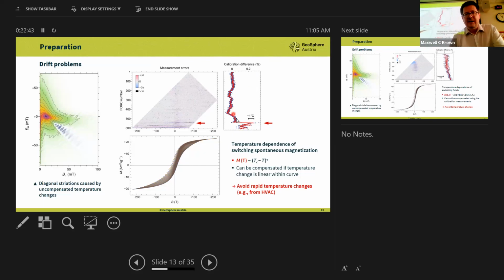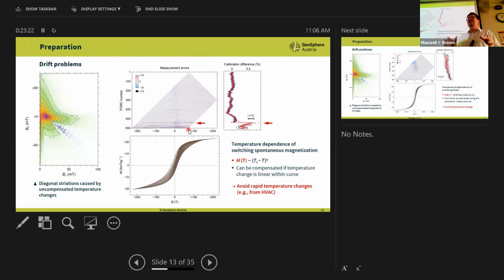And you see with the calibration measurements that suddenly the air conditioning was turned on down here. This caused a temperature change of 2 degrees, which was sufficient to produce these stripes that you see here. The stripes represent variations in the spontaneous magnetization of the sample, which cannot be corrected because they are faster than the interval between two consecutive calibration measurements. So if temperature changes, even little temperature changes, are too fast, you are not able to correct them.